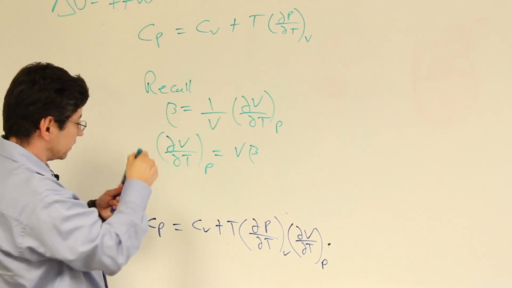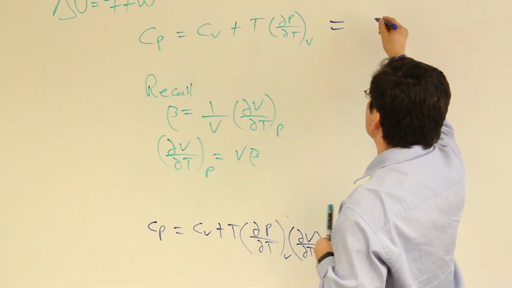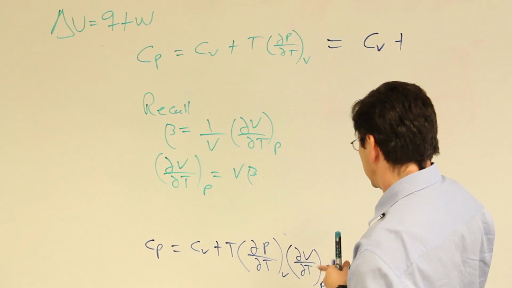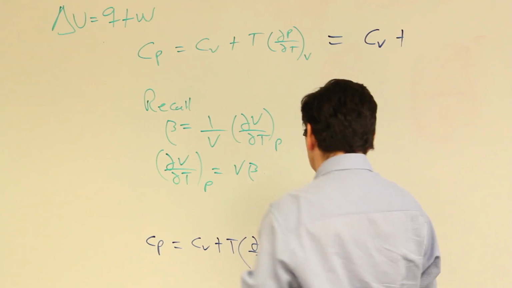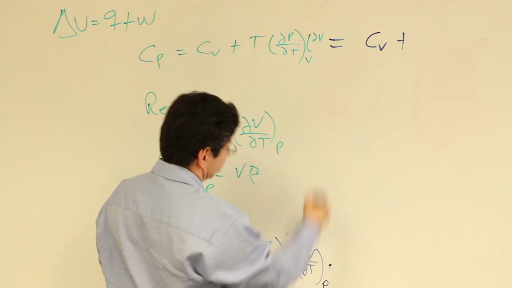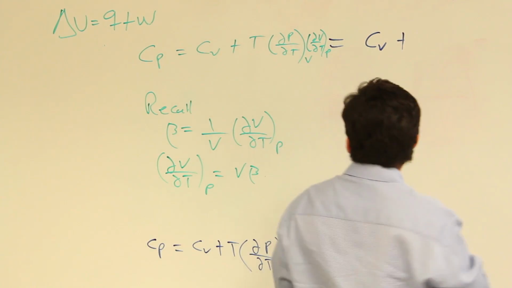So if I go back to this original equation here, then I can say that this is equal to Cv plus, oh, I was missing here, dV/dT at constant pressure. I was missing that.